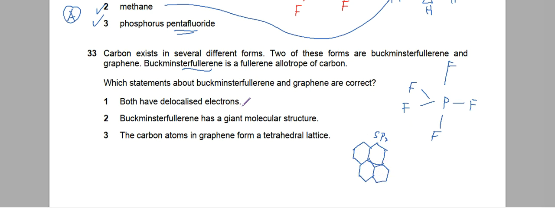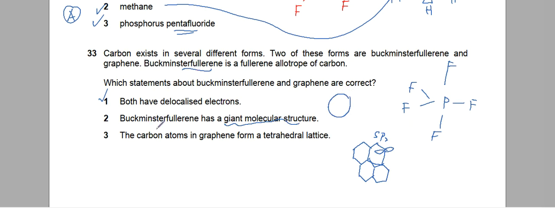So basically they still have delocalized electrons, like the graphite, because the unhybridized orbital can still overlap. Buckminster fullerene is giant molecular? Not really, because it's in a spherical shape, so it does not go on infinitely.